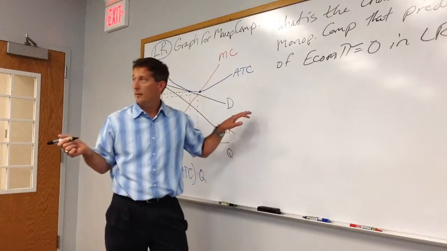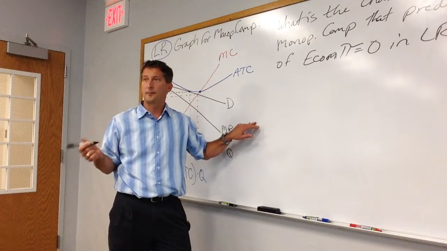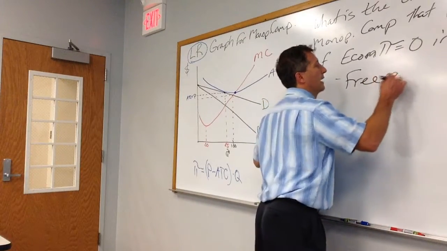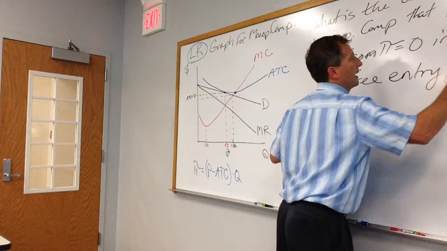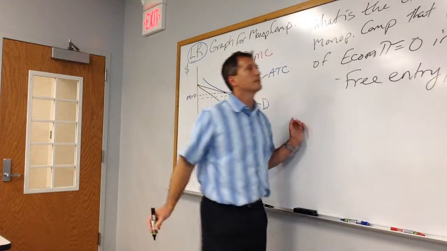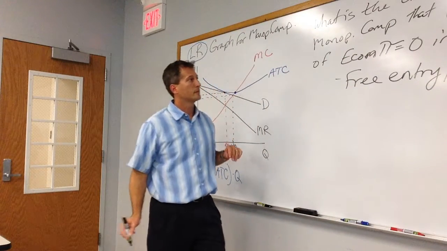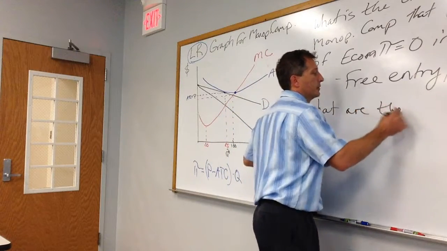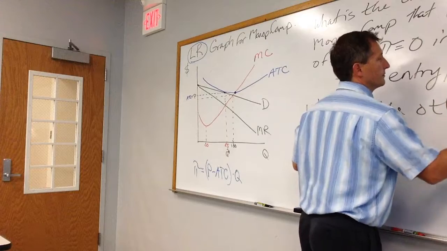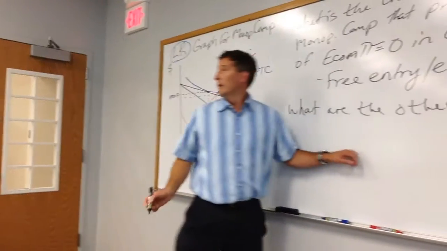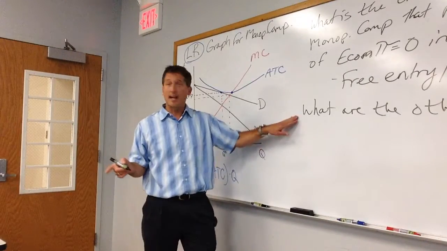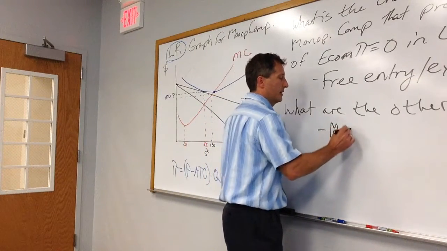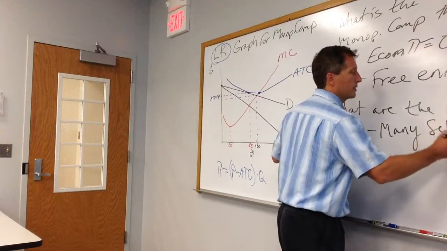What is it, Todd? Free entry and exit. Right. That's that competition factor. So free entry and exit. What are the other two? Many sellers. So we have many sellers selling that differentiated product.